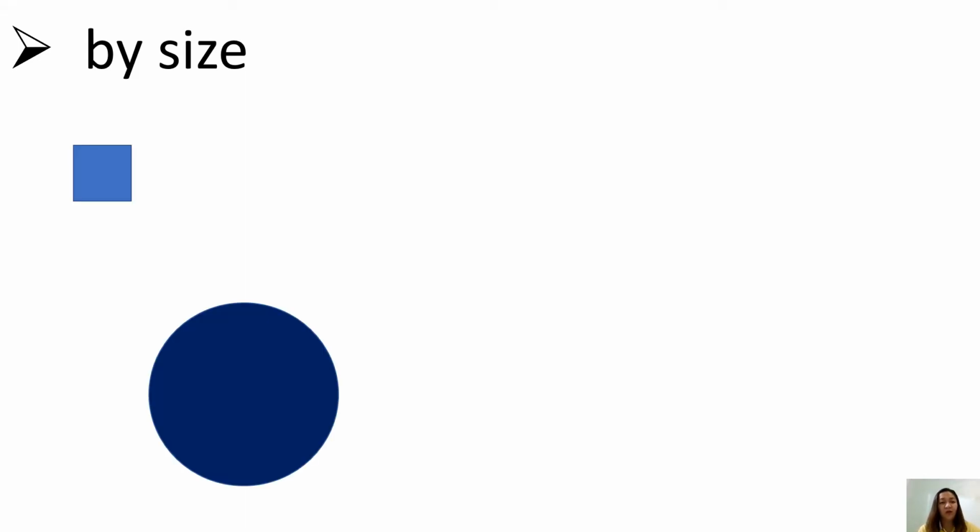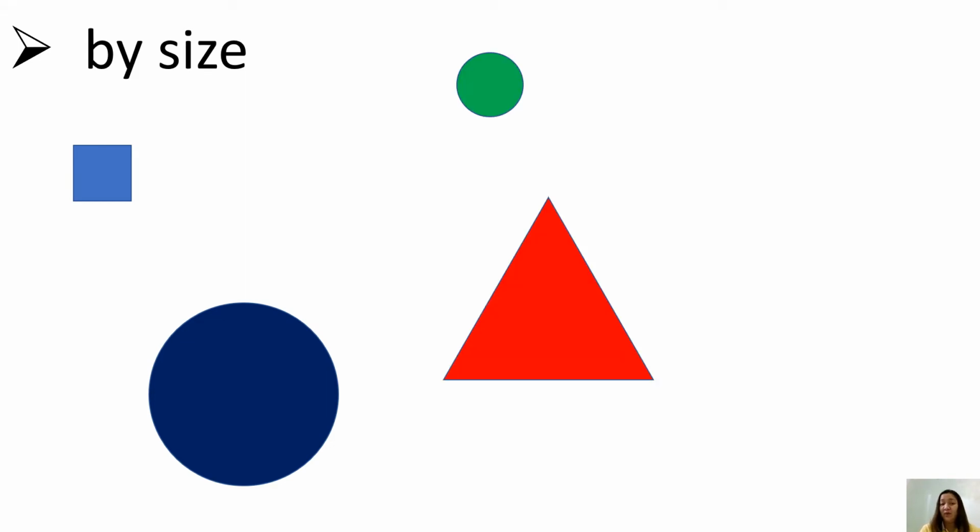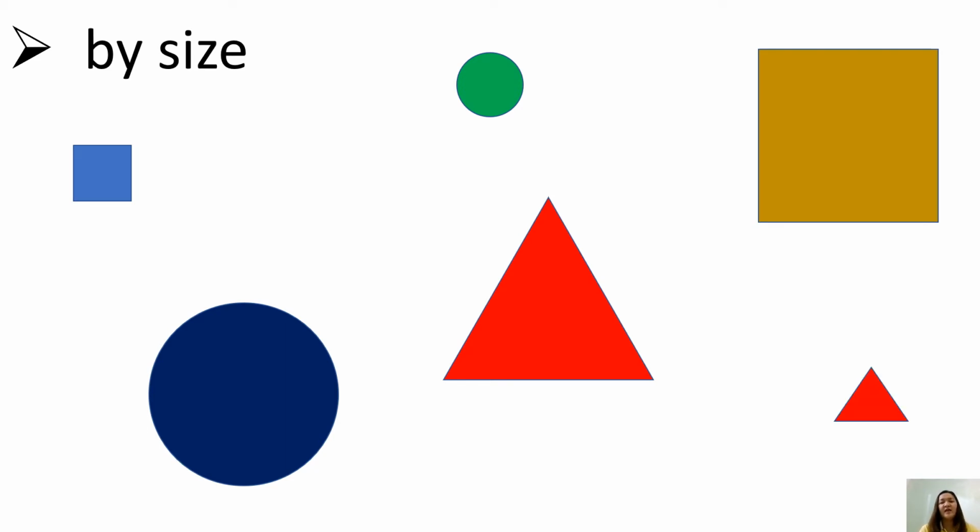Next is by size. So when we are talking about size, we are talking about small and big. A small square, a big circle, a small circle, a big triangle, a big square, and a small triangle.